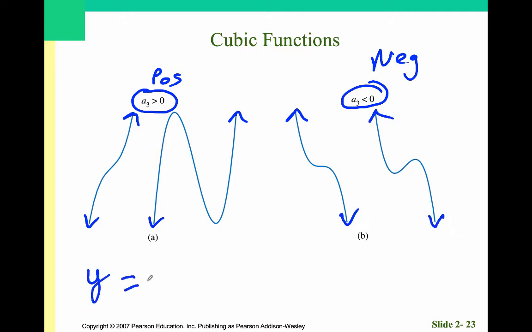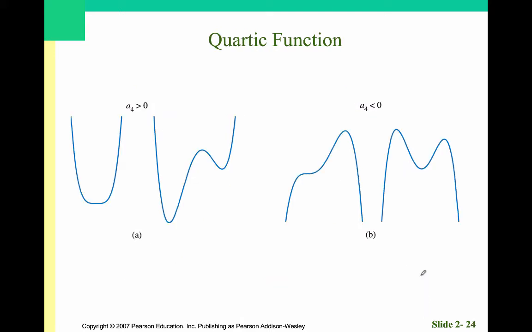Y equals mx plus b has power 1, but it's very similar because I either have positive slope or negative slope. And these are very similar to what we're talking about there. When we're talking about quartic or to the power of 4, so this is the lead coefficient of there.